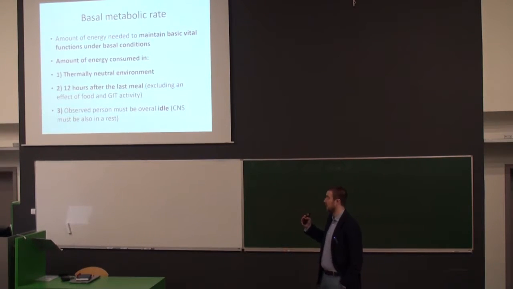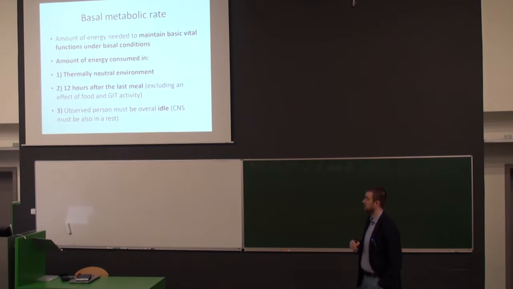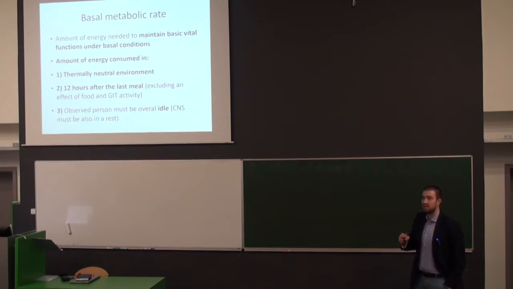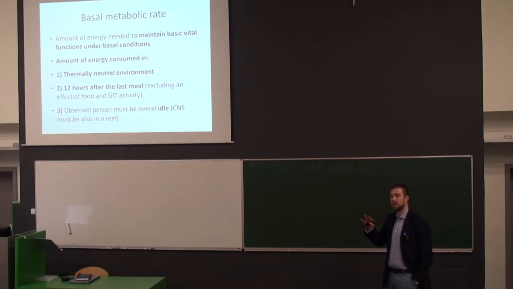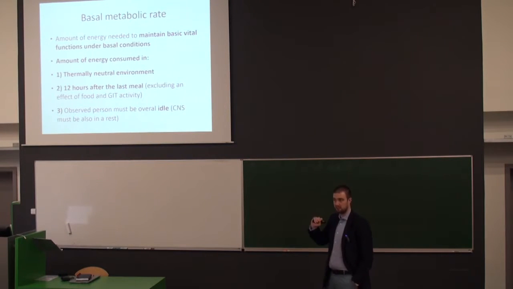The same if the temperature of the external environment is too high. Both high and low temperature mean stress for you, and then it's not a basal metabolic rate. So it must be a thermally neutral environment, and each person has it slightly different. Yes, the difference can be 1 to 3 degrees.